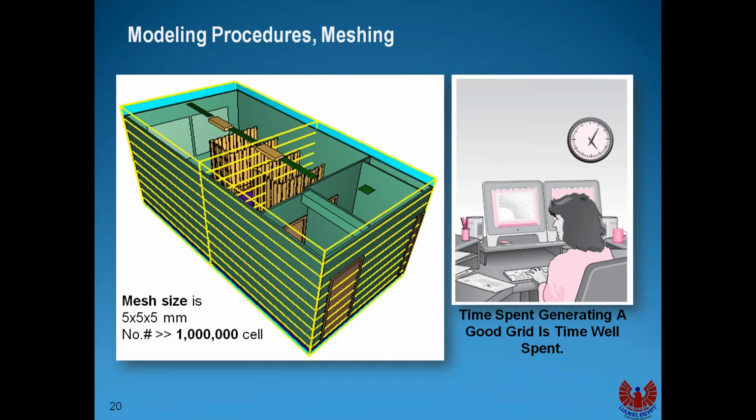This means that you have to prepare a very fine grid. But a very fine grid means that you need a lot of grids inside this room, and with a lot of grids, computers take a lot of time.